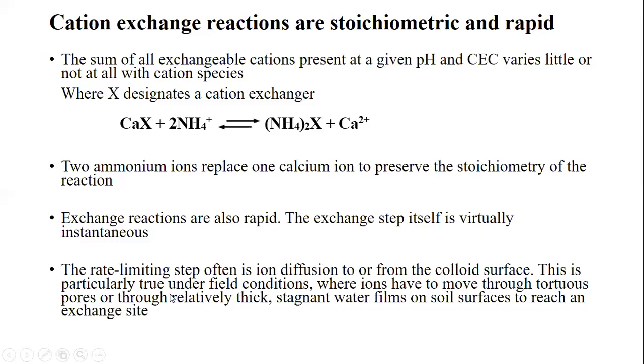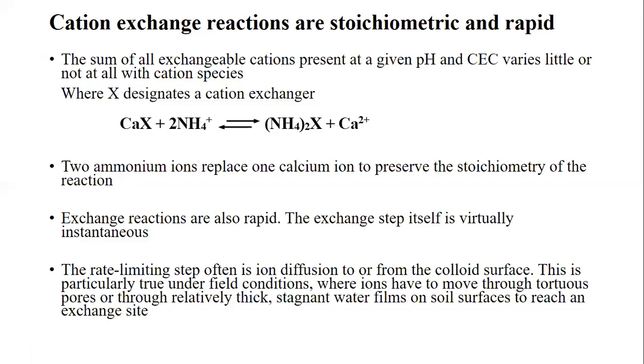This is particularly true under field conditions. When you have in the soil, in the field, in reality, ions have to move through tortuous pores. Tortuous pores, that means they are extremely difficult, winding, zigzag. That means the ion has to go through because they're not straight lines.